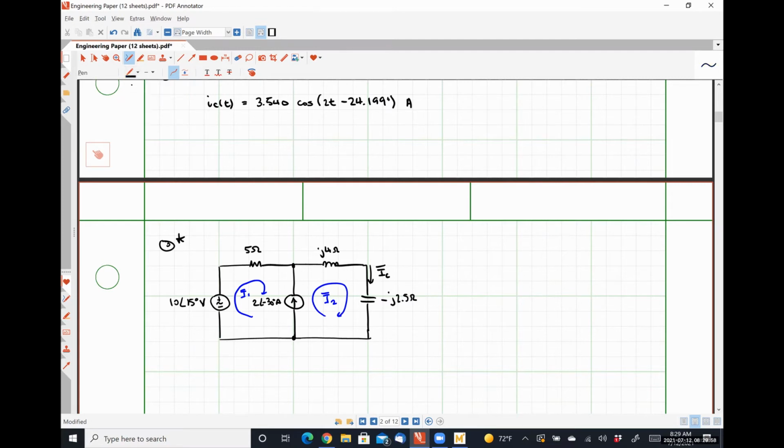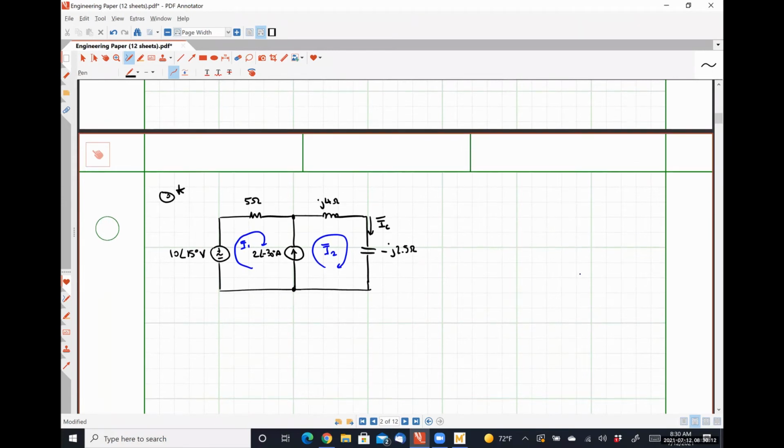Since I have an interior current source, I'm going to have to apply the super mesh technique, which means I'm going to have to write a Kirchhoff's voltage law equation around the perimeter of the circuit. So let's go ahead and do that. So this would be KVL at super mesh 1 and 2.